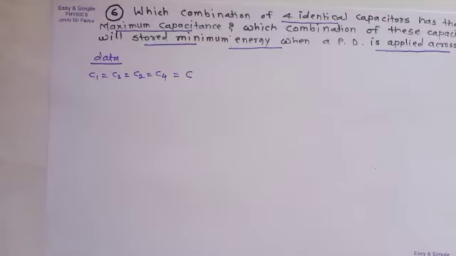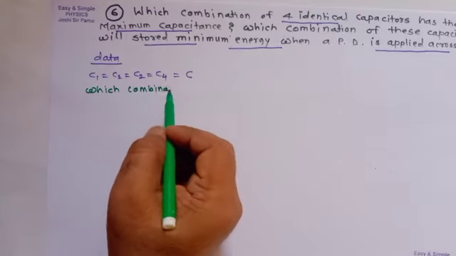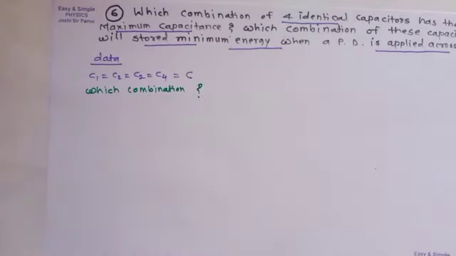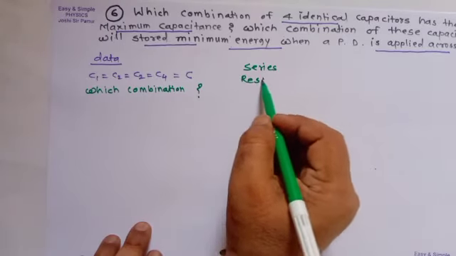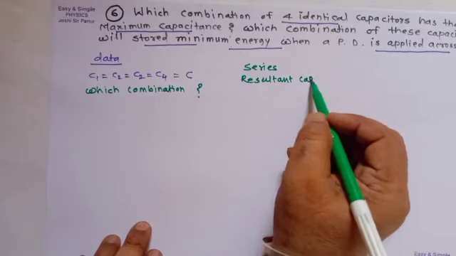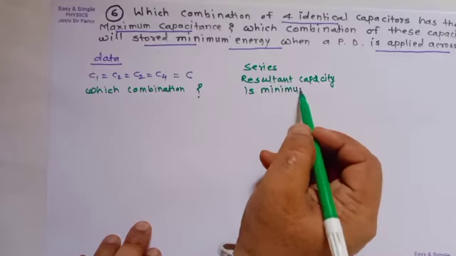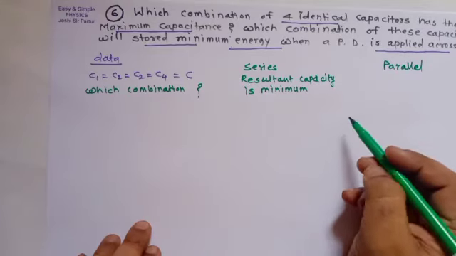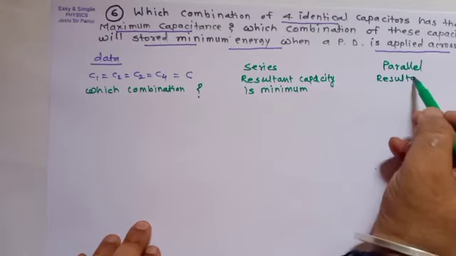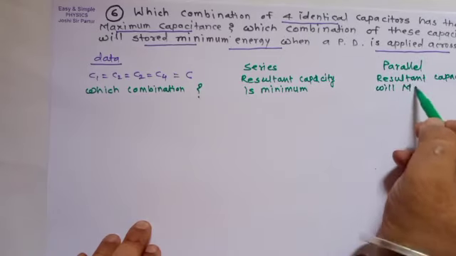which combination. That is, if capacitors are connected in series, resultant capacity is minimum. And if capacitors are connected in parallel, resultant capacity will be maximum.